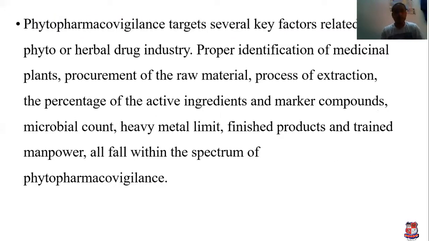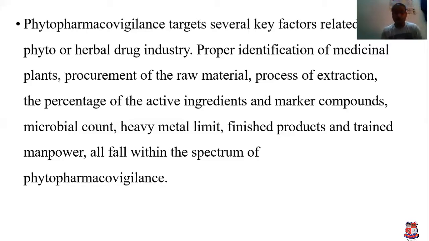Phytopharmacovigilance targets several key factors related to the phyto or herbal drug industry. Before identifying phytopharmacovigilance, we should know some key factors related to the herbal drug industry. These are proper identification of medicinal plants, procurement of the raw material, process of extraction, the percentage of active ingredients and marker compounds, microbial count, heavy metal limit, finished products, and trained manpower, all of which fall within the spectrum of phytopharmacovigilance.